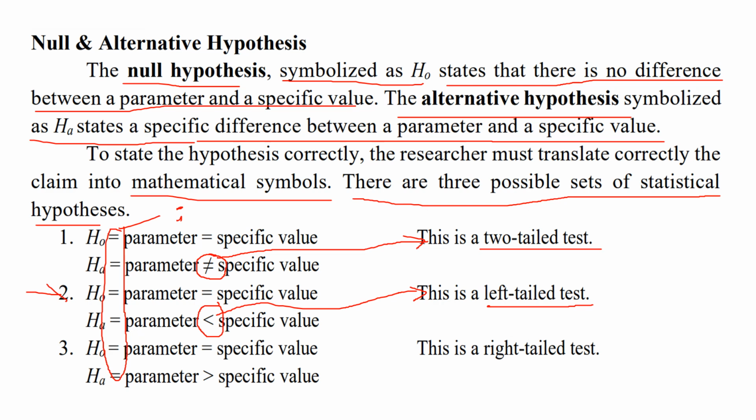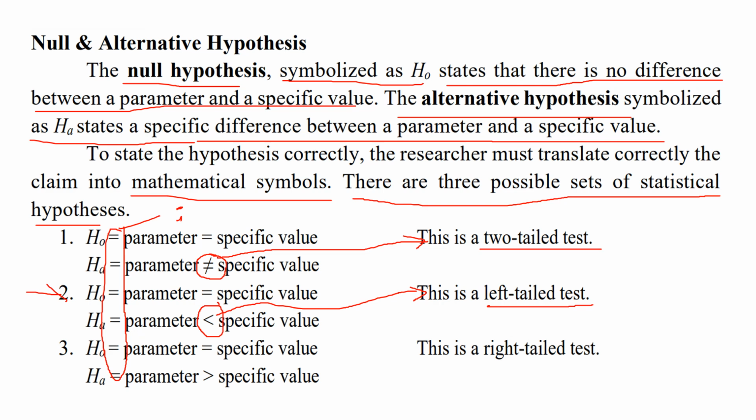So if there is a keyword mentioned in your problem, such as less than, then we apply your left tail test. As long as the parameter shows that its value is somehow less than your specific value, that will be your assumption in your alternative hypothesis, because your alternative hypothesis will not show equality between your parameter and your specific value.